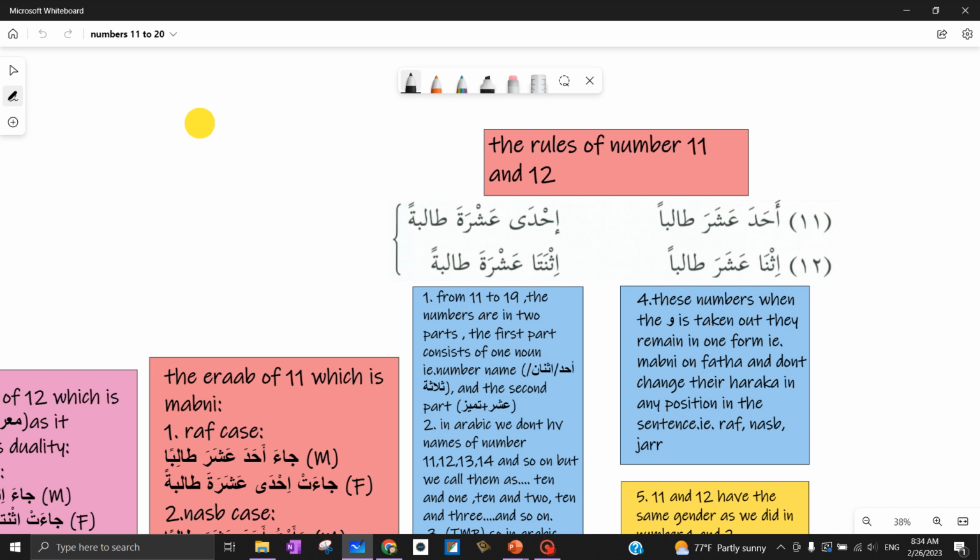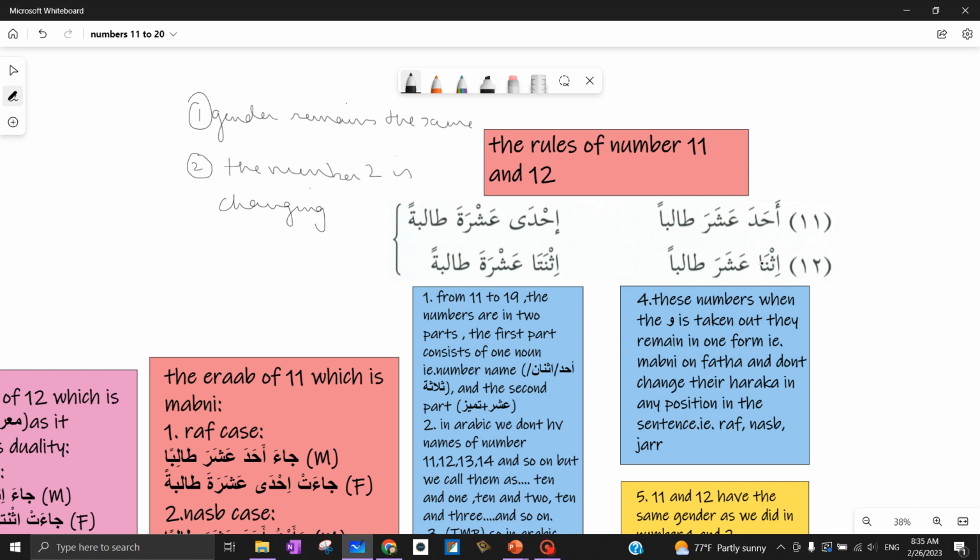The gender is the same. Gender remains the same. I missed out these points, so I'm writing them right now. And number 2 is changing. Why is it changing? Because it is representing the duality.